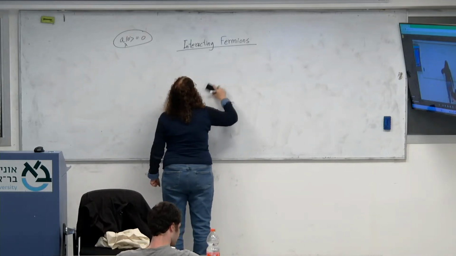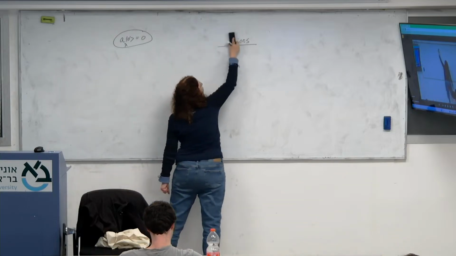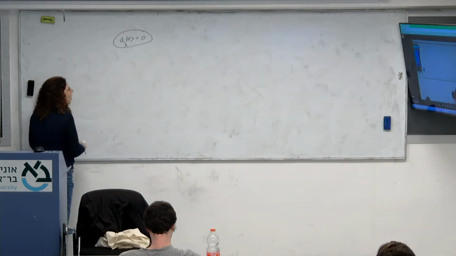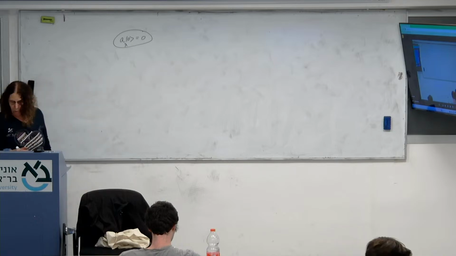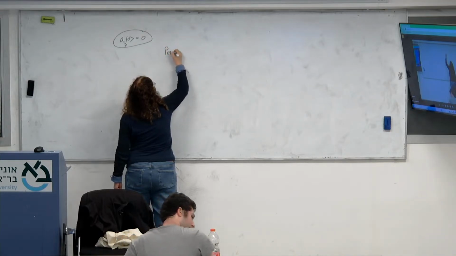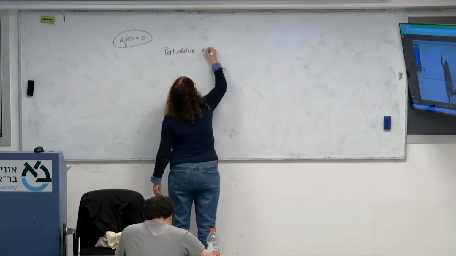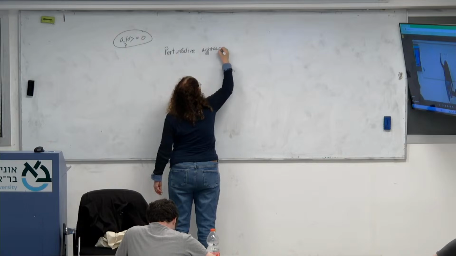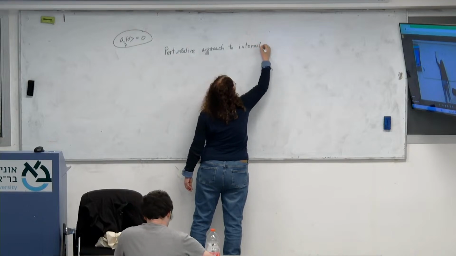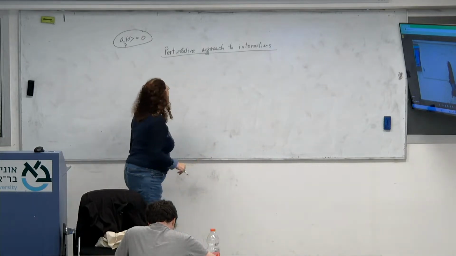Now, what I'm going to tell you now is not necessarily only for fermions, but we will see what it does for fermions. Okay, so I remind you what is the idea.